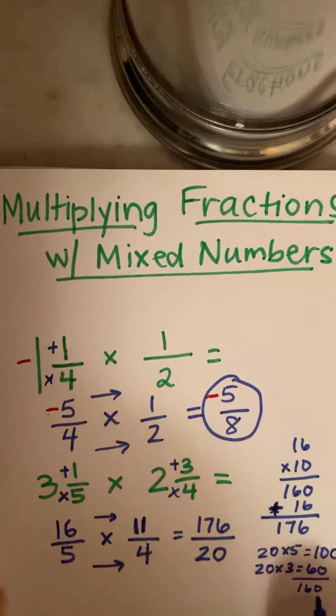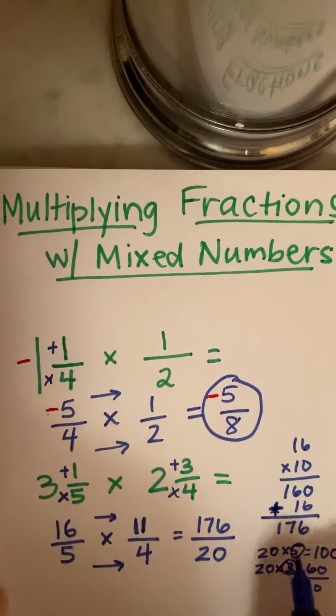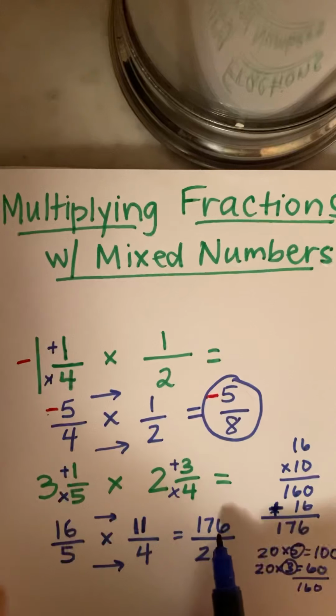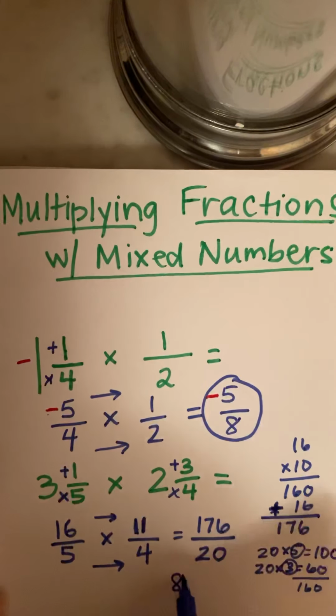And if I add another 20 on, I'm going to go over 176. So I have 5 and 3. So that's 8 times that 20 goes into 176. So 8 is my whole number. And then 20 is still my denominator. And from 160, I've got 16 left over.